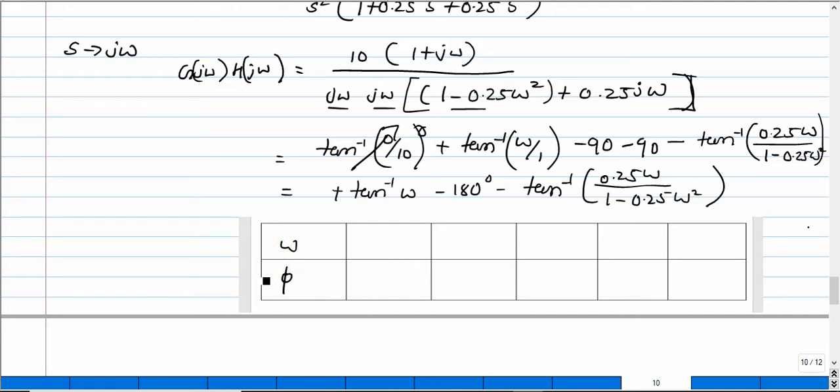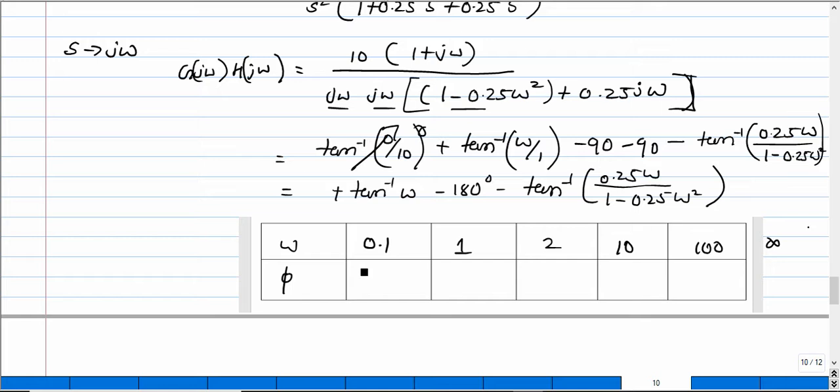You start with the first point, 0.1, followed with the corner frequency 1, and we have 2, 10, 100, and finally substitute infinity. Is it clear? When you do that, the following are the angles that we get.